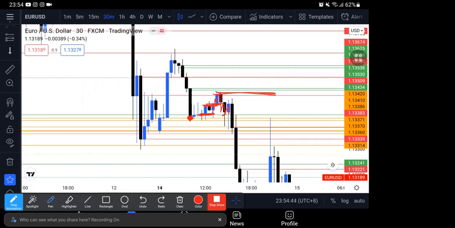Korang nampak tak yang ni? M15. Dia benda sama je. M30. So, re-entry di M15. Dan dia tak break apa-apa. Tak ada structure. So, lepas dia break yang ni, dia pull back. Entry.